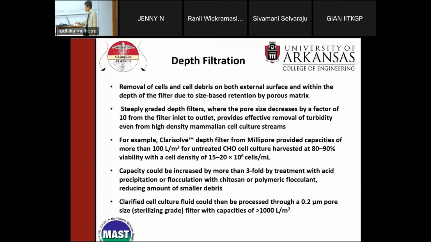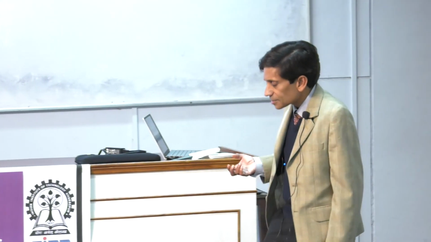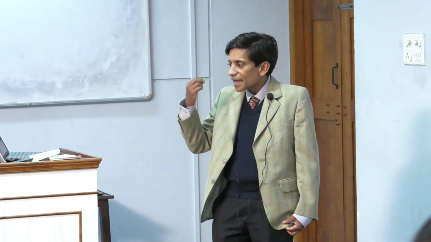It's a great filter. Here, precipitation or flocculation with chitosan or polymeric flocculants. Typically, though, people like to use things that are compatible, and you try to avoid adding anything new to the cell culture medium.